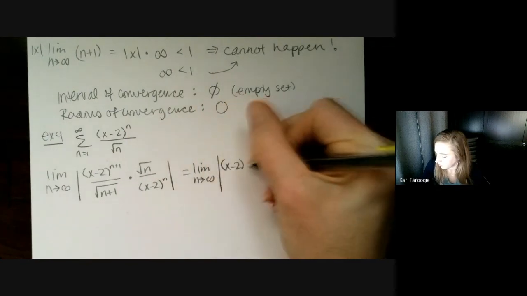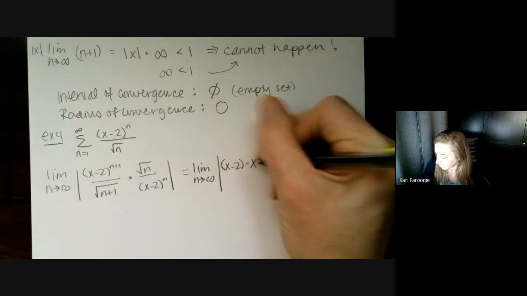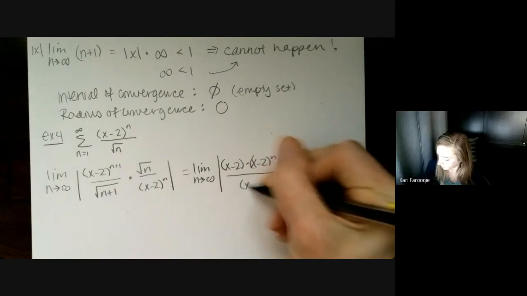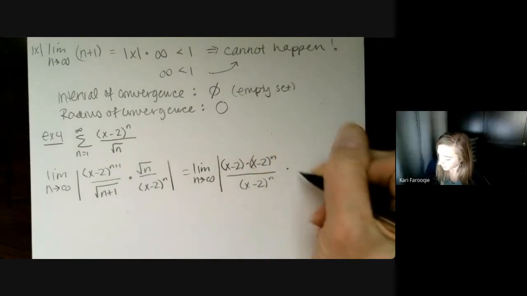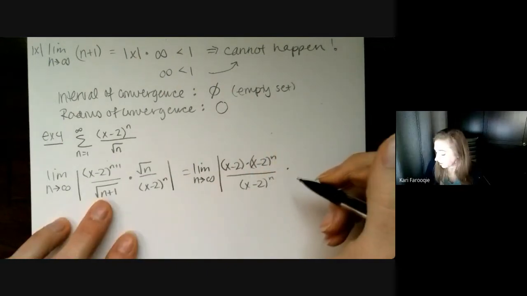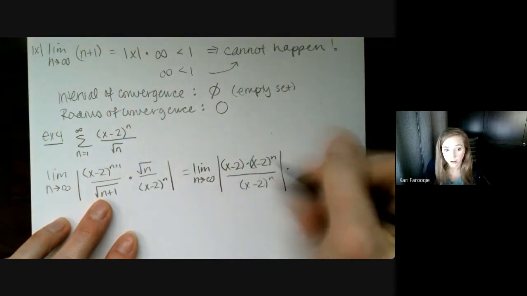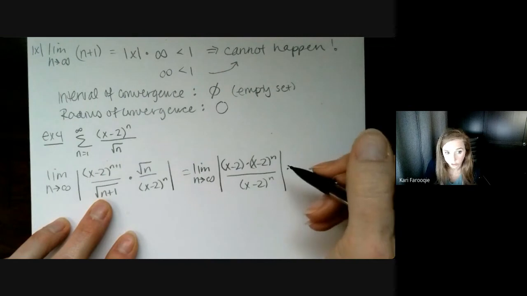Let's split this up. So this is (x minus 2) to the first times (x minus 2) to the nth. And then, since you know you're going to be taking the limit anyway, first of all, we can cut off the absolute values on only the x expressions.